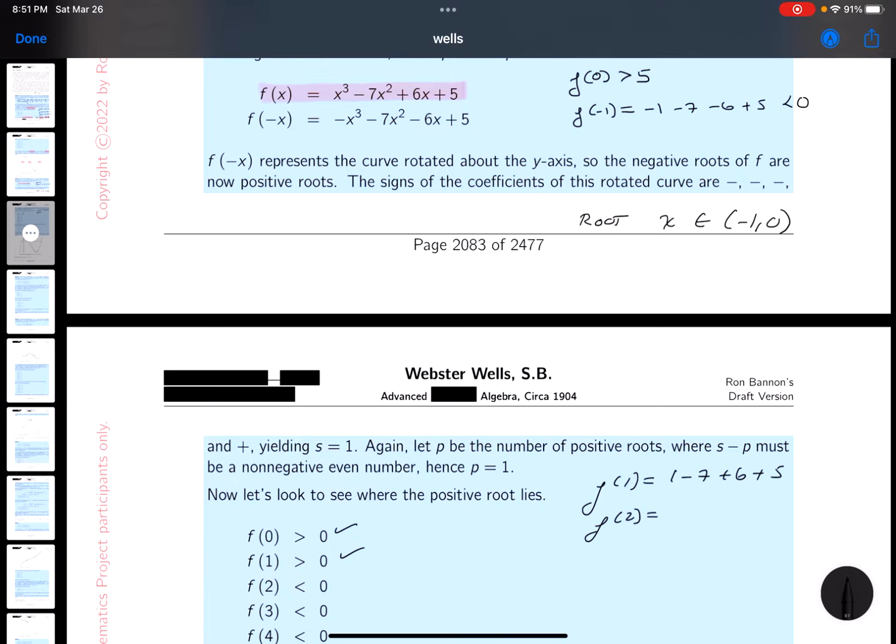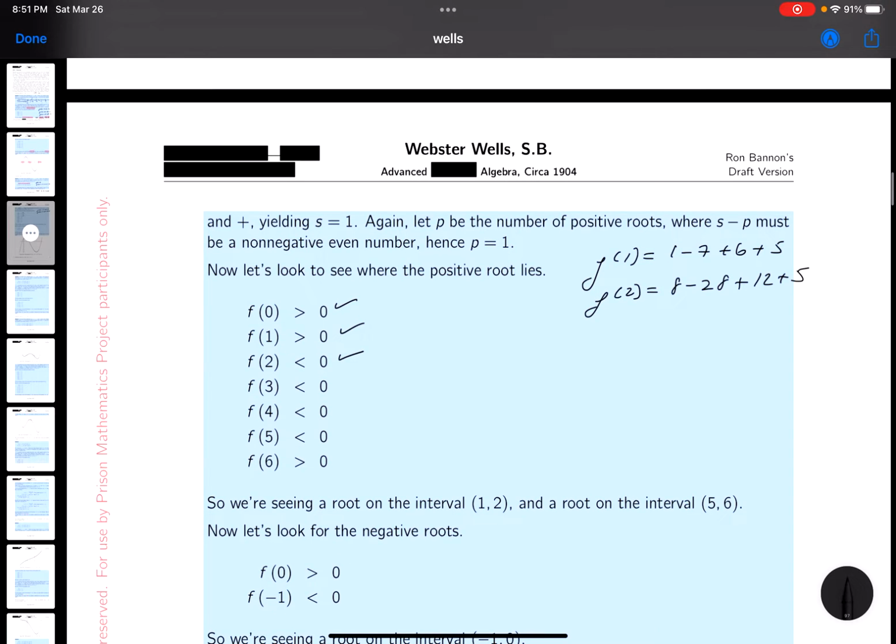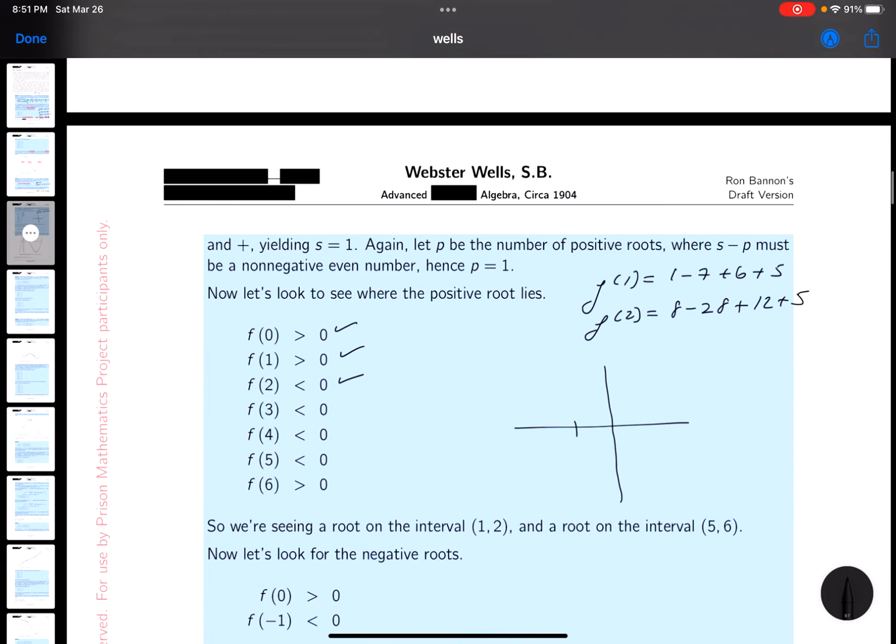What are you going to get? It's 8 minus 28 plus 12 plus 5. That's negative. So now I know something, and I want to point out what I'm knowing at this point. So, minus 1, again, we have a root over here. It's only 1, so sort of like this.